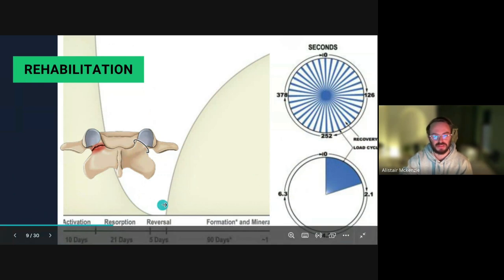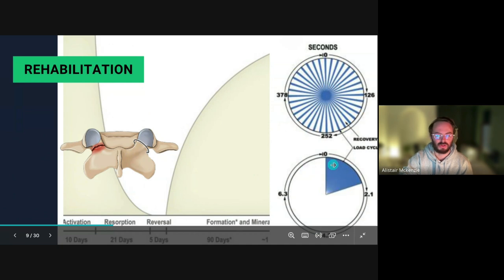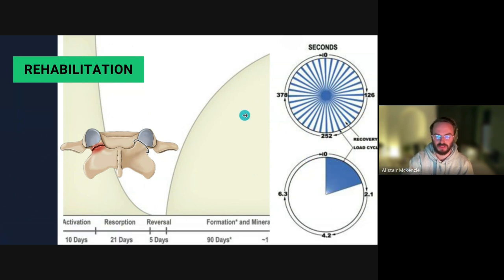When they become asymptomatic and you've identified healing on imaging, you want to start thinking about reloading them in an osteogenic way that promotes healing. These little blue sections represent short, sharp bone loads, and how that improves bone turnover compared to a long hold, for example, where you have less bone turnover. So from a rehab and a performance perspective, we're creating two ends of the spectrum.